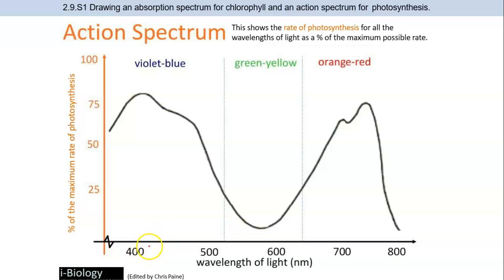Around 400 nanometers and 700-plus nanometers are having the maximum photosynthesis rate. So that's why it is called action spectrum, which means that the photosynthesis is acting. So the action of the photosynthesis, that's why it's called action spectrum.